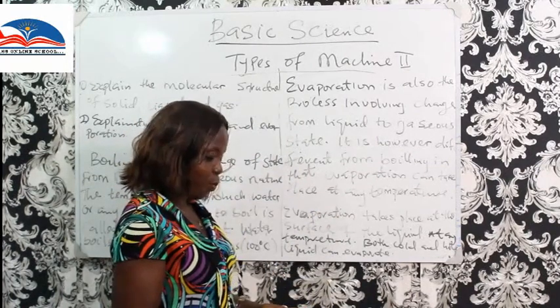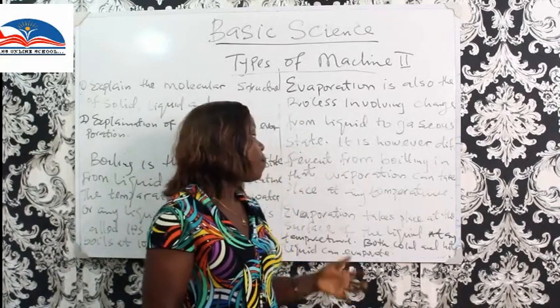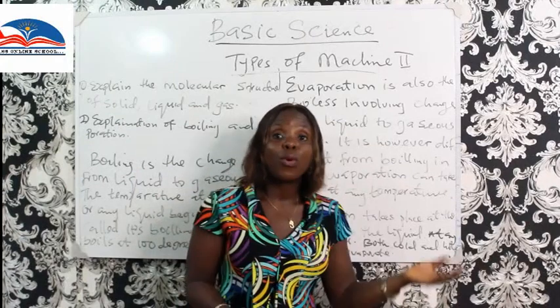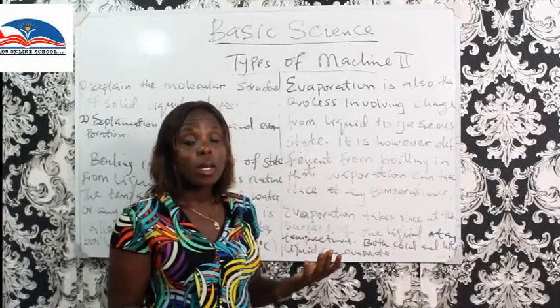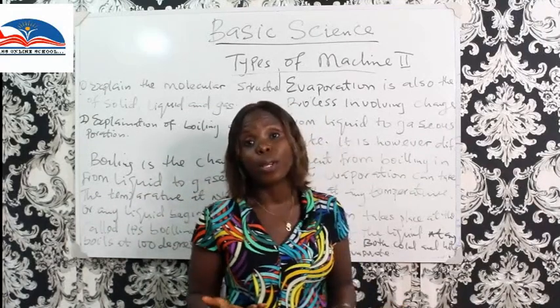So we have seen that evaporation can happen at the surface, it can happen cold or hot, it can happen at any temperature. Boiling only happens at its boiling point.